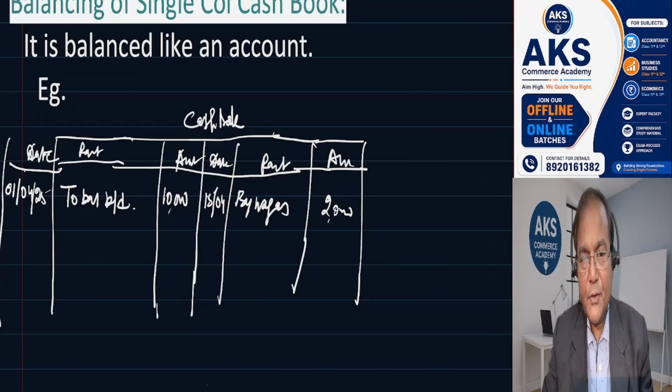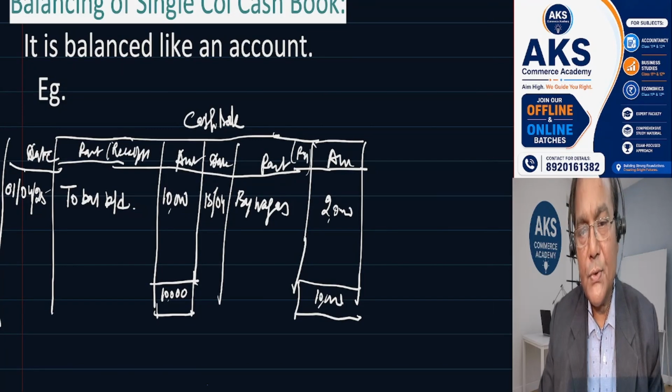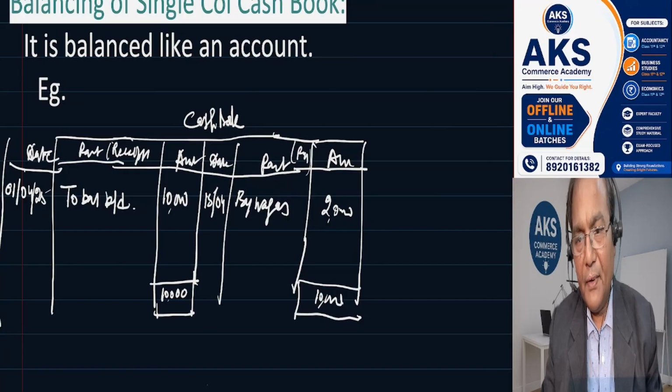So we will have the debit side, and we'll close this way. The total amount is 10,000. Then on this side we will also write the total of 10,000, because the higher value is written on both sides. These are the receipts side and the payment side. Now, by wages, we have given the wages.